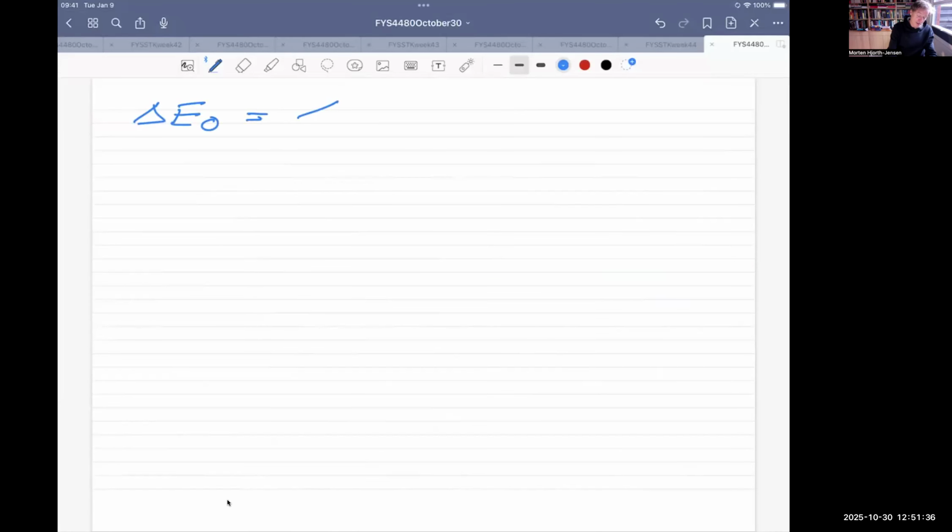And this is a quantity which is equal to phi 0, the first order term, H_I times phi 0, but plus all these different terms which I can sum up using that operator relation.